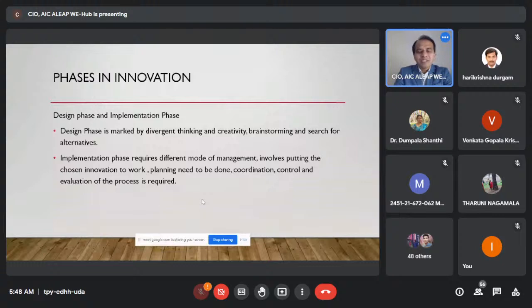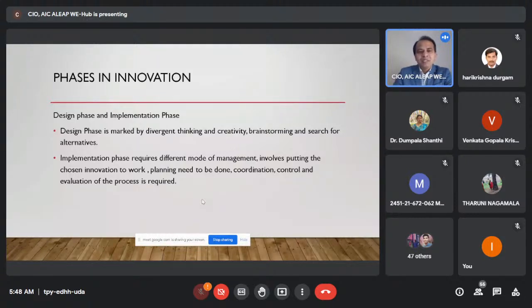That is the design phase. The implementation phase is the phase where you actually work on the project. Just now we have learned about the 5 stages. In that, the experimentation stage is nothing but the implementation phase. From experimentation to commercialization, diffusion and implementation. So that's what the implementation phase is.